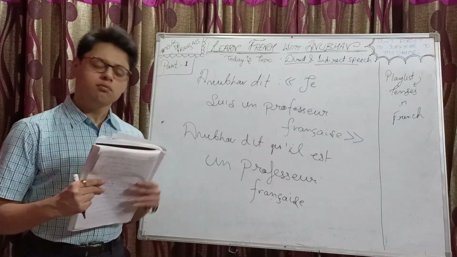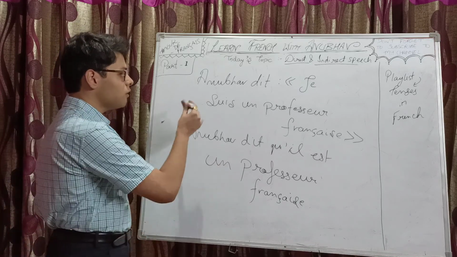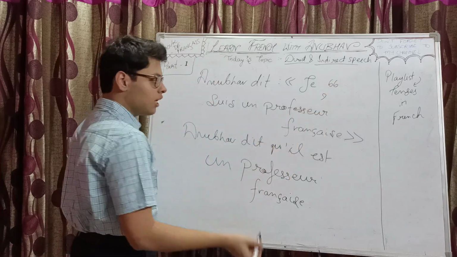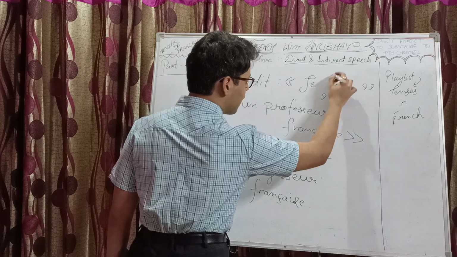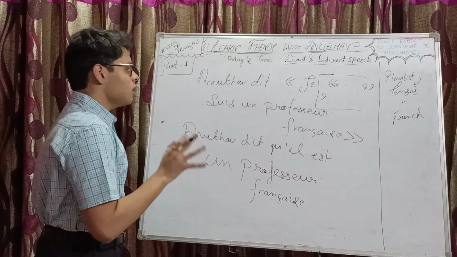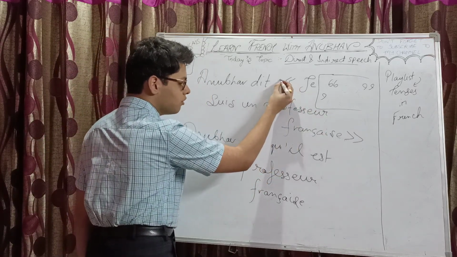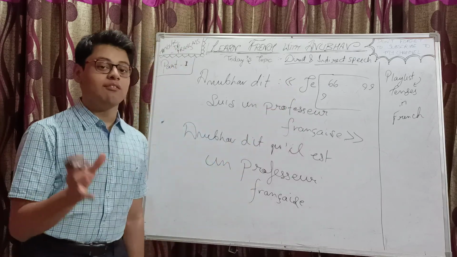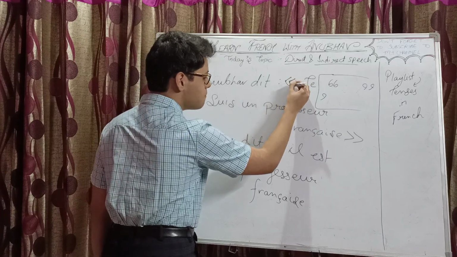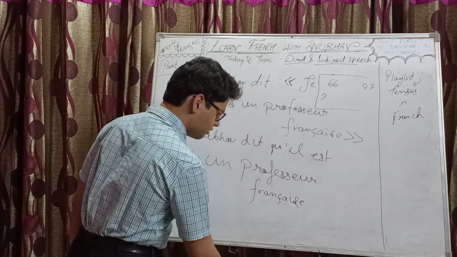One small point I would like to say here, like what do we do in English? We would say Anubhav said, comma, inverted comma at the beginning, and then inverted comma at the end of the quote. Right? That's how we do it in English, but in French it's not the same. In place of this comma, you put a colon, and in place of double inverted commas, you use double guillemets. I hope that's the pronunciation.